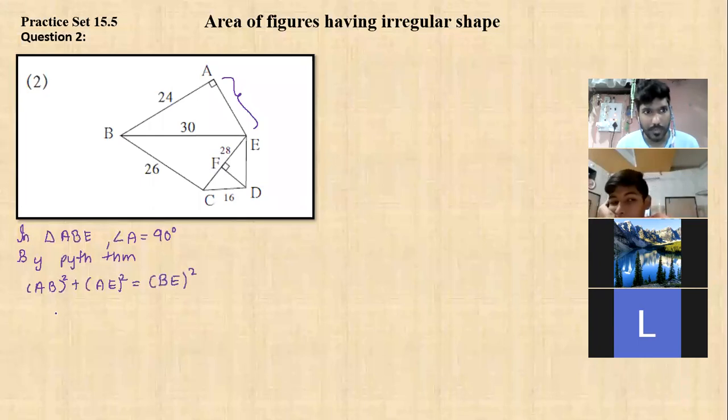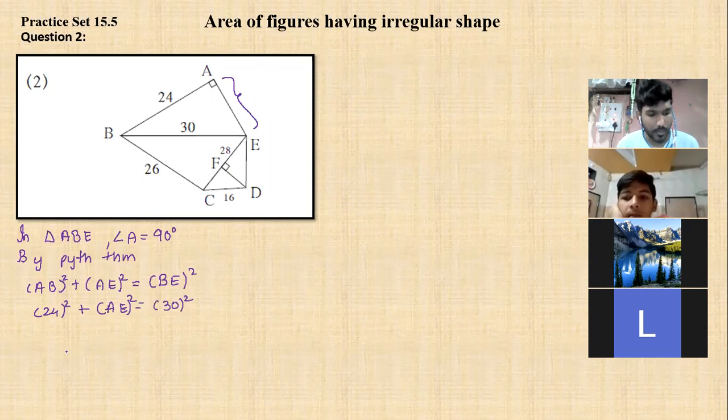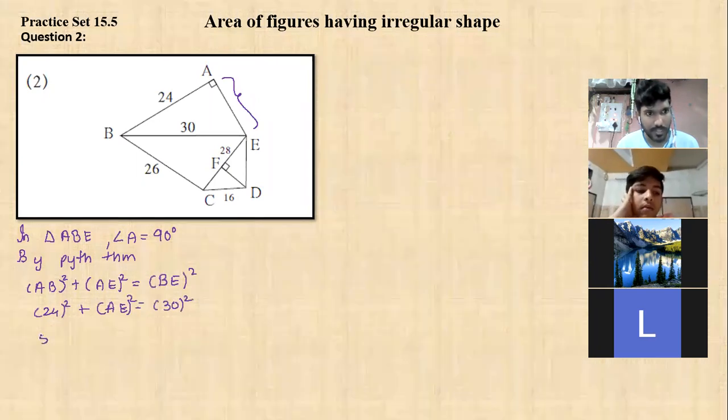So use AB is 24, AE we have to find out, and BE is 30. The square of 24 is 576.